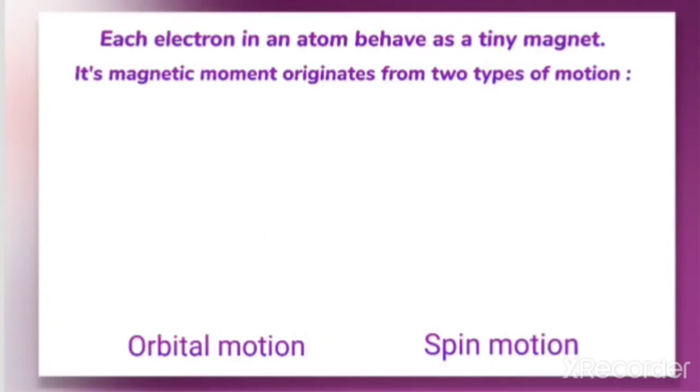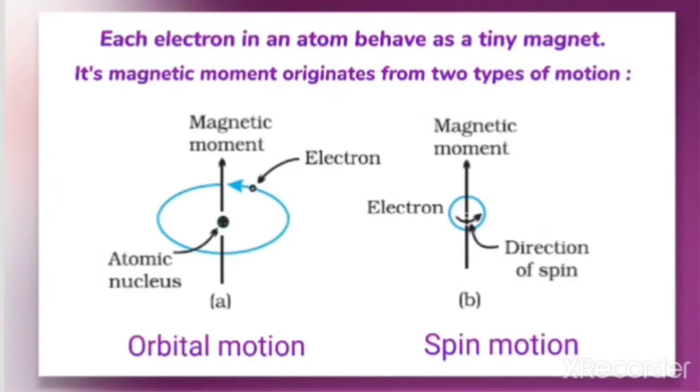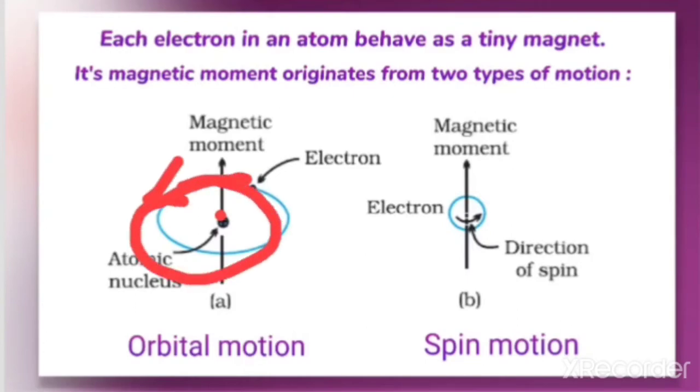Let us discuss the two types of motion of the electron through this diagram. When you look at the diagram here, the nucleus is shown, that is the atomic nucleus, and we know that electrons revolve around the nucleus in a definite path called an orbit.